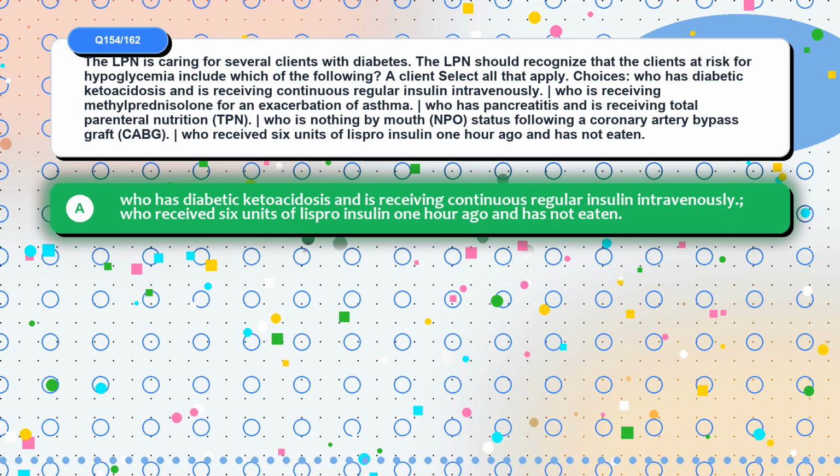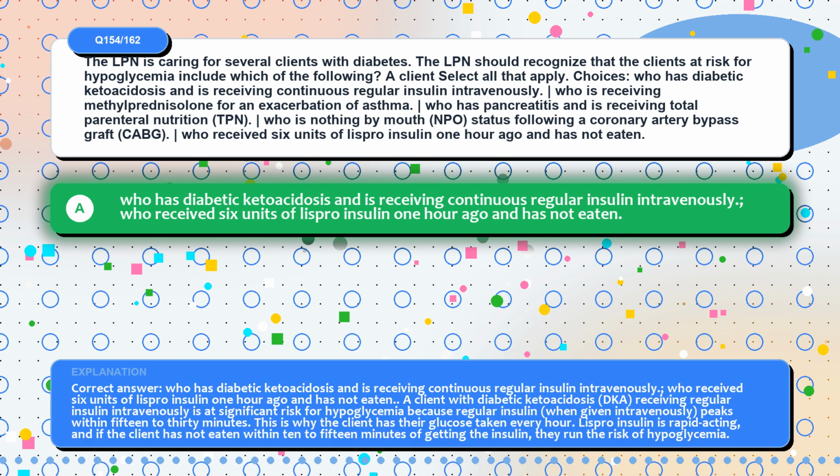The correct answer is option A: who has diabetic ketoacidosis and is receiving continuous regular insulin intravenously, who received 6 units of Lispro insulin 1 hour ago and has not eaten.